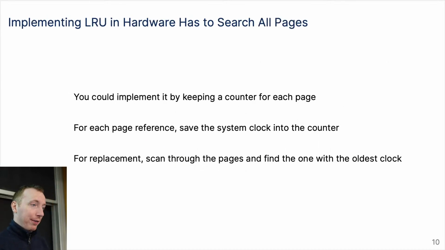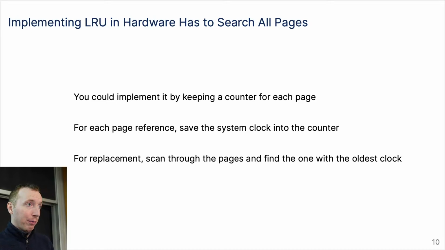So, if you implement least recently used in hardware, you're going to have to do what we did in the example, which was search all of the pages to see when it was least recently used. So if you actually have to implement something like this, you could use a timer or a counter on each page that keeps track of when it was least recently used.